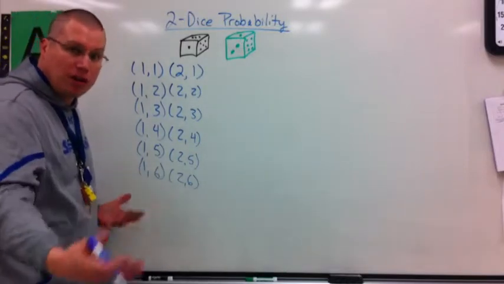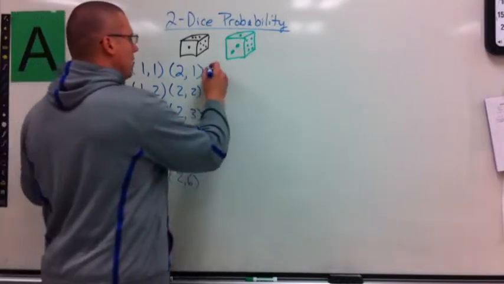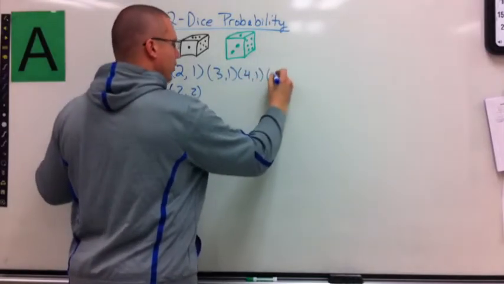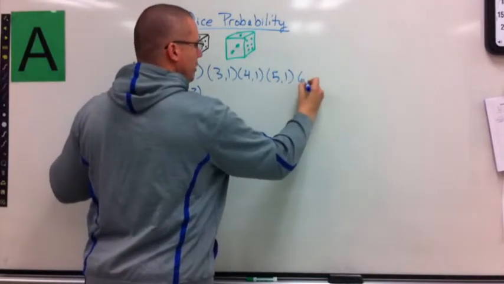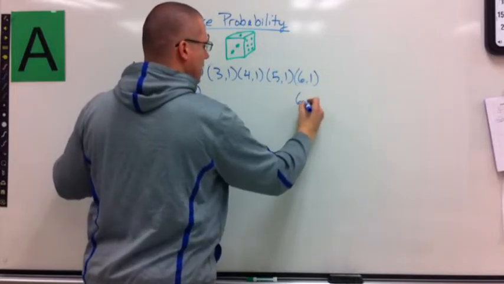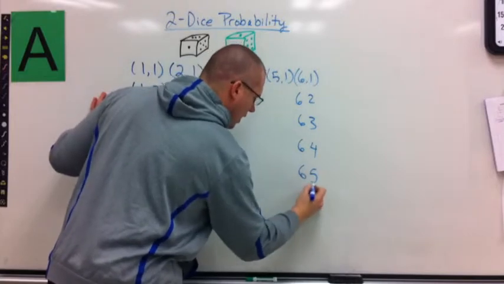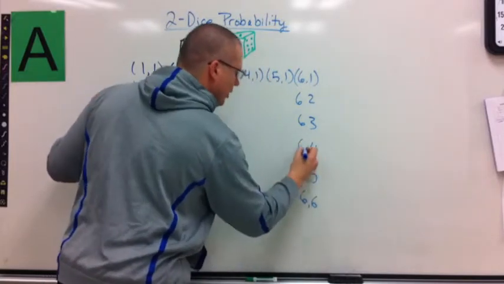Hopefully I see how your chart is starting to develop. I could have 3, 1, 4, 1, 5, 1, 6, 1. And this would be 6, 2, 6, 3, 6, 4, 6, 5, and 6, 6.